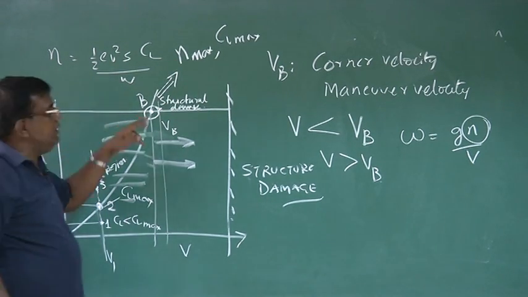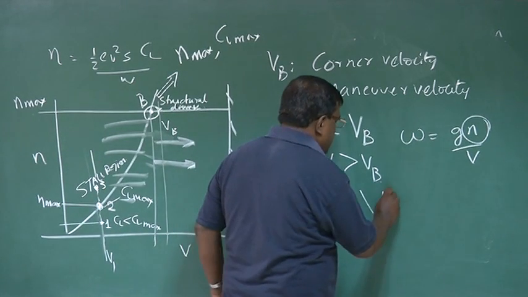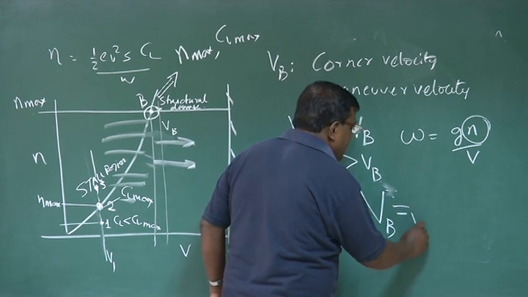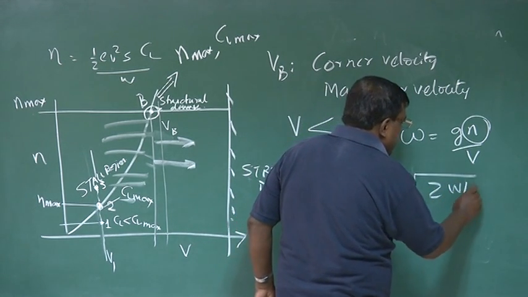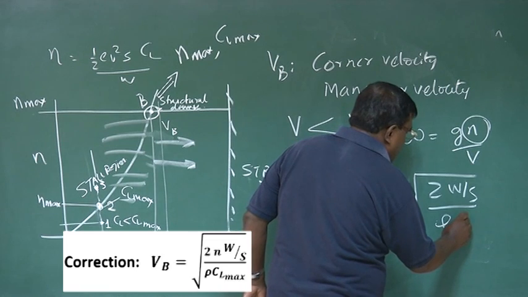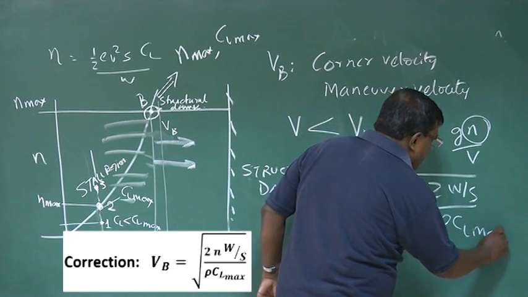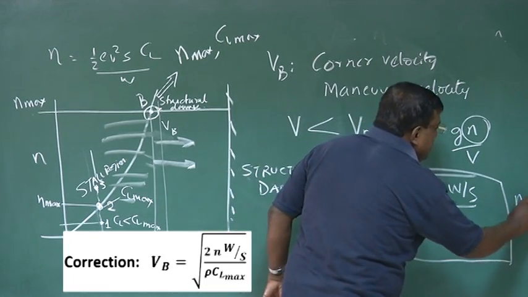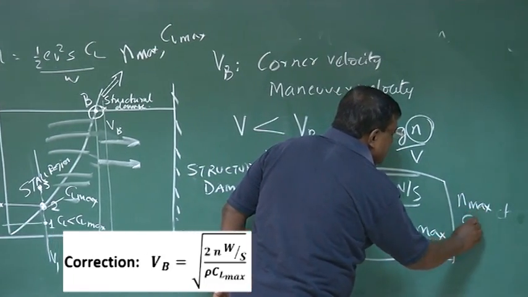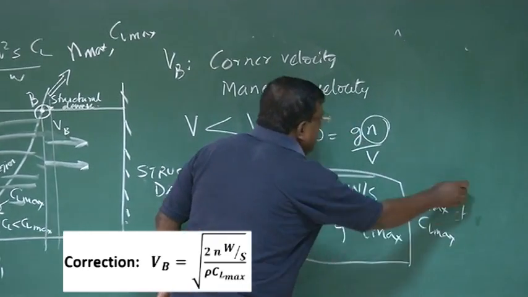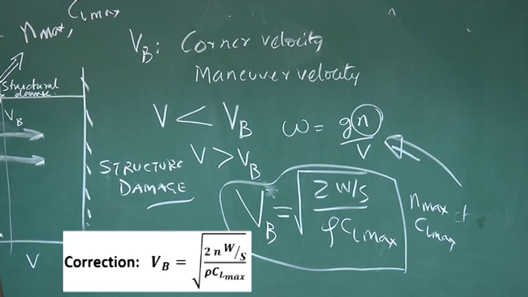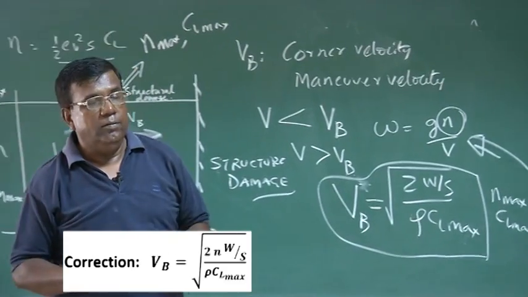So this speed, VB, is nothing but 2 W by S by rho CL max. At this speed, N is max, CL is max, and from here you could see the angular rate is also maximum. The pilot has these two pieces of information very explicitly.